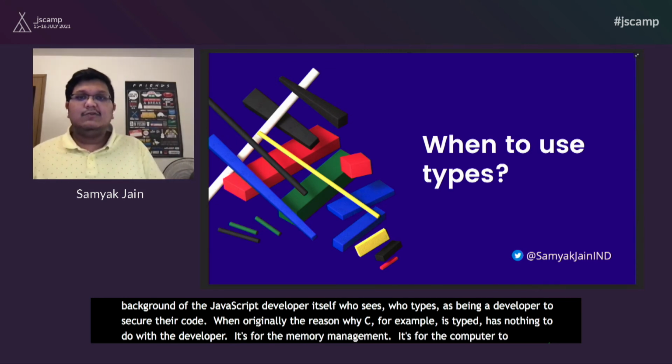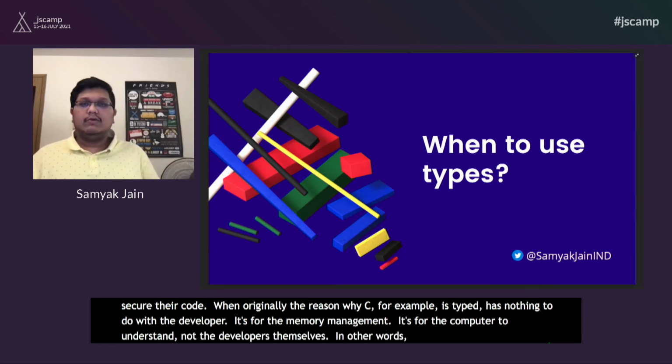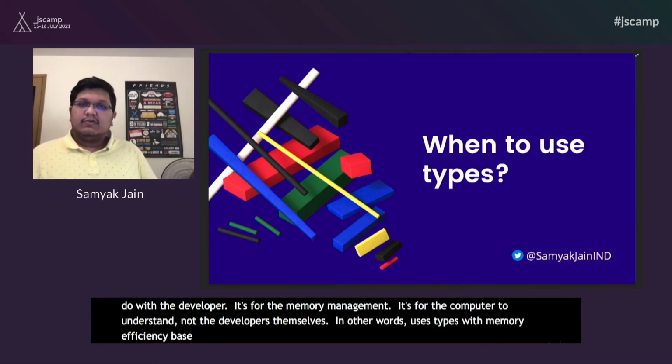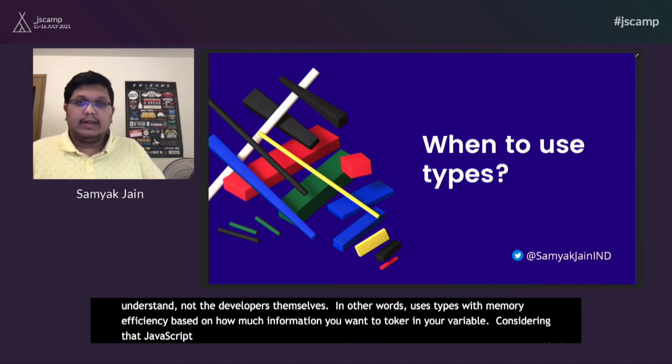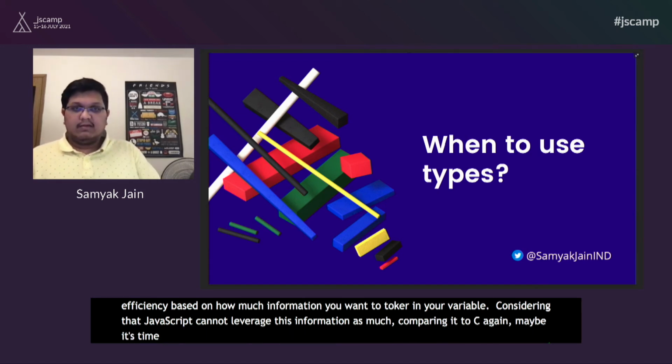In other words, C uses types to allocate memory efficiently, based on how much information you want to store in your variable. Considering that JavaScript cannot leverage this information as much, comparing it to C again, maybe it's time to consider whether or not types are always beneficial when it comes to the developer itself.